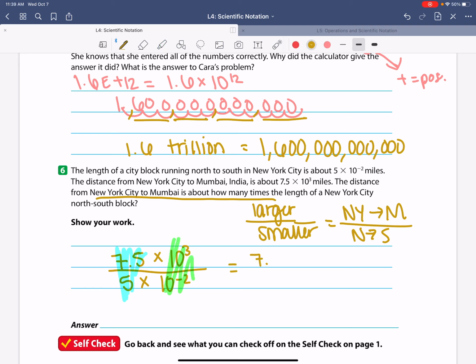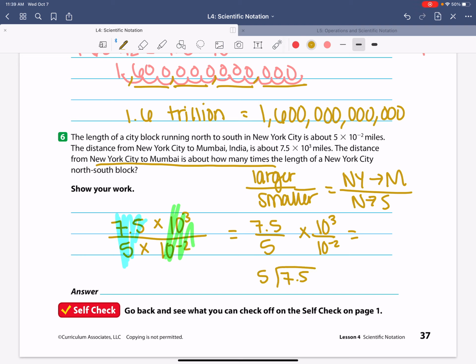So go ahead and simplify. So you do 7.5 divided by 5. I just use long division. I haven't used a calculator this whole lesson. It's not really necessary. So 5 goes into 25 5 times, and I'm done here. So that's equal to 1.5 times 10 to the 3 minus negative 2, which is 3 plus 2, which is 5.